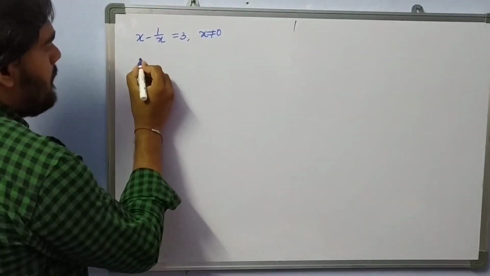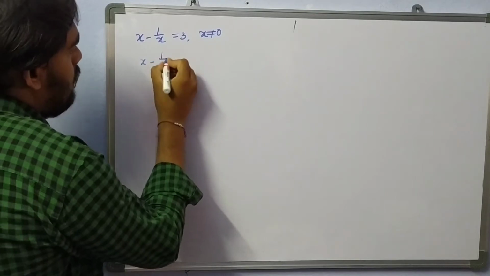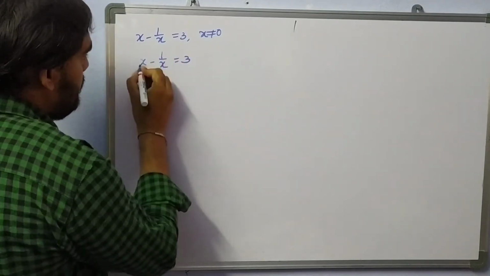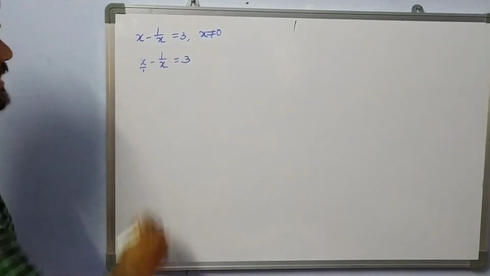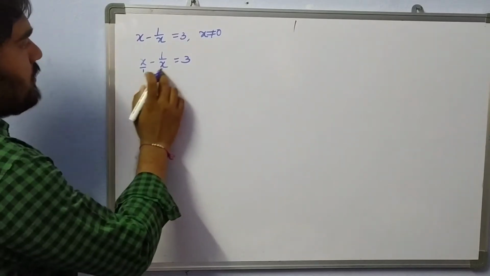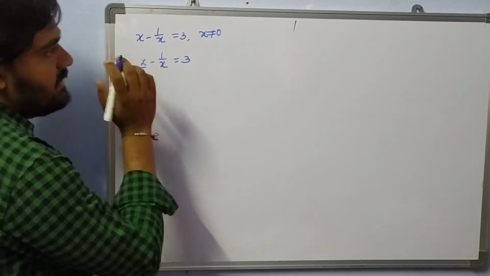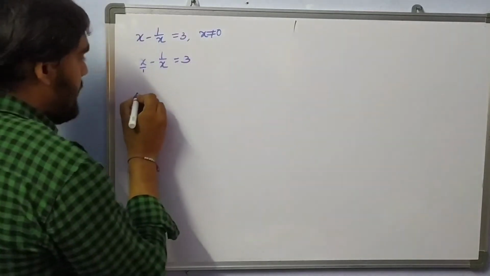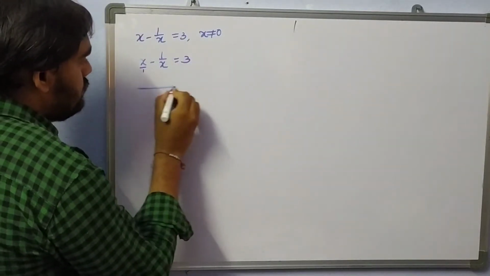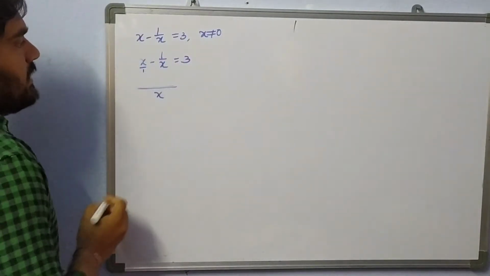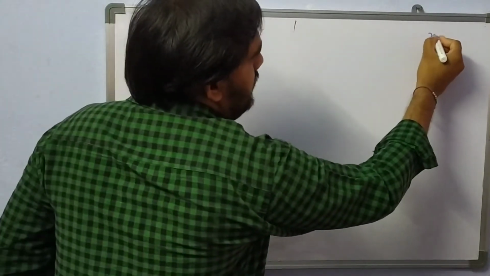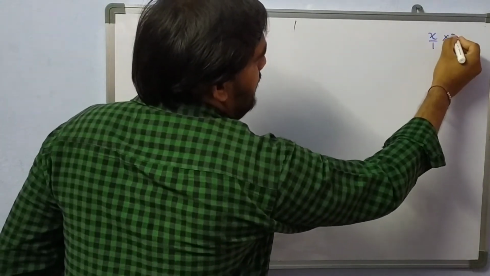For that, x minus 1 by x is equal to 3. Take the denominator for this one as 1. Now when you take the LCM of 1 and x, you will get LCM as x only. After that, each and every term should be multiplied by the LCM.